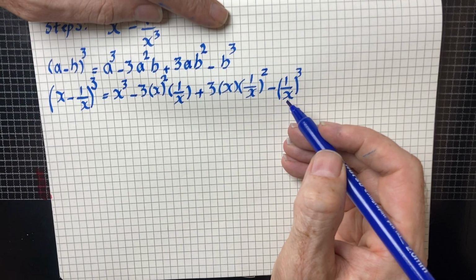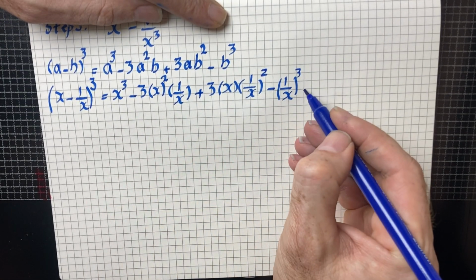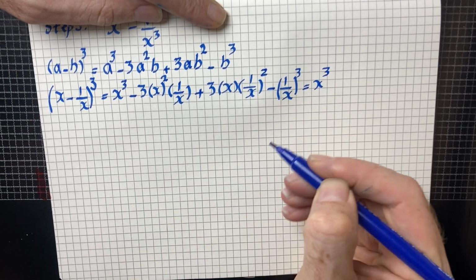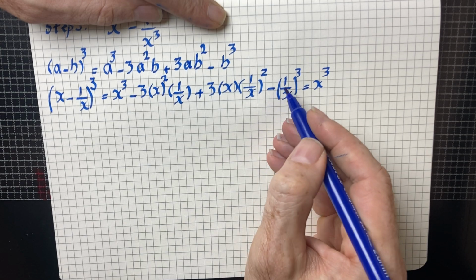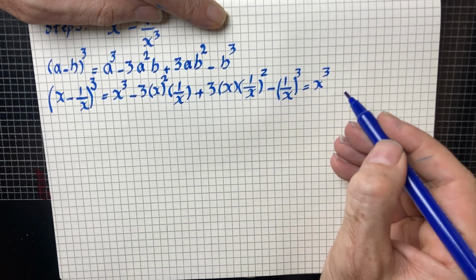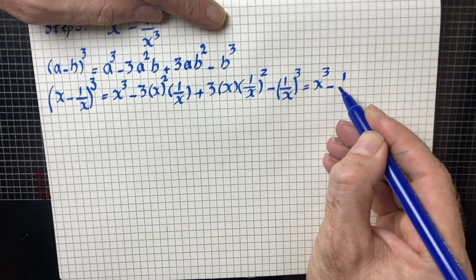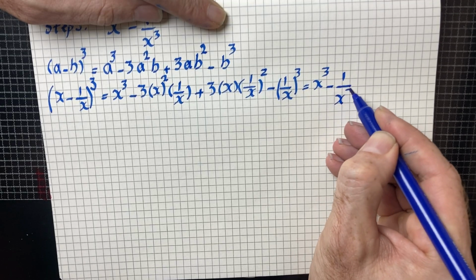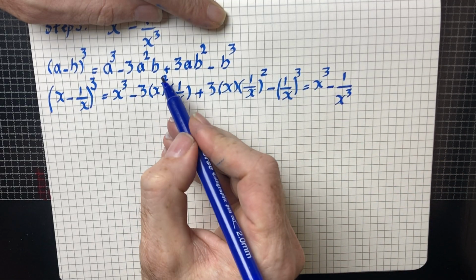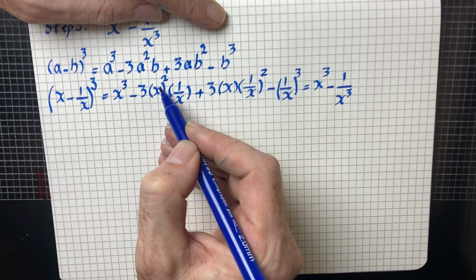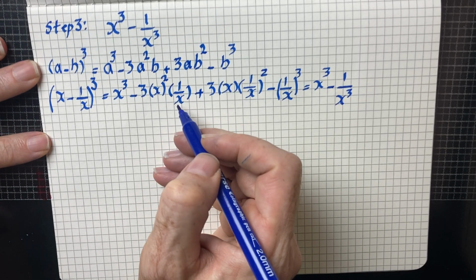Okay, what is this? Look, I write this x cubed. Then I write this one, 1 over x cubed, can be written in the form of (1/x) cubed.